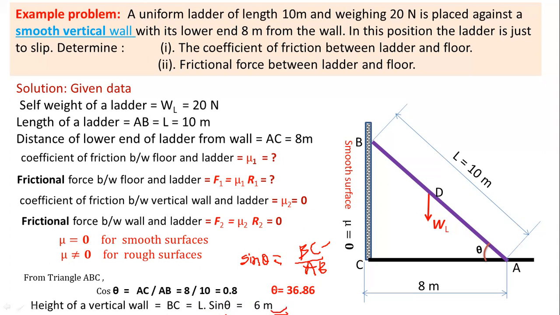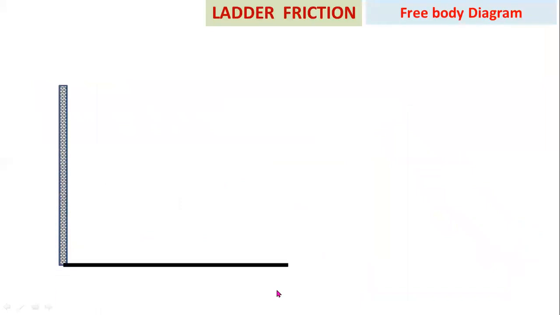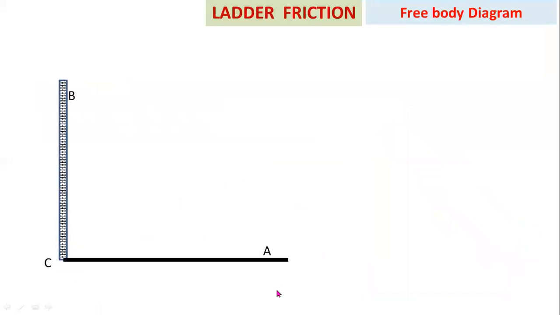Now you have to consider the free body diagram. This is the ladder AB, and theta is the angle of inclination of the ladder with respect to the floor. WL equals 20 newtons is the self weight of the ladder, from the given question.